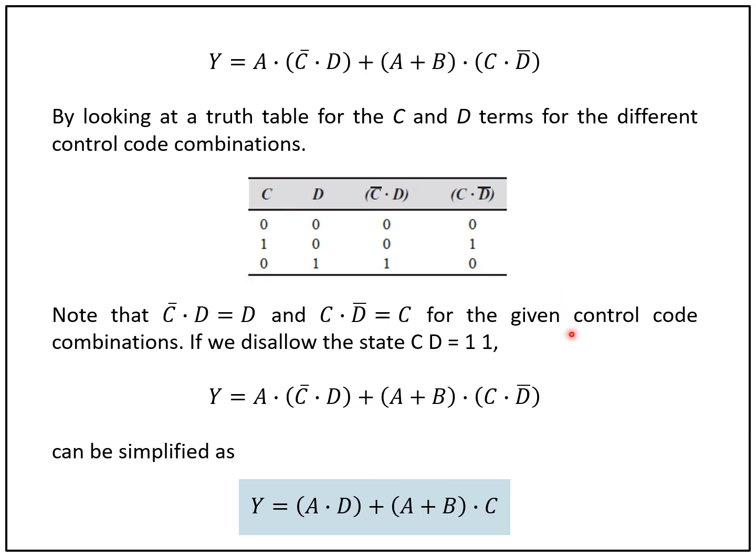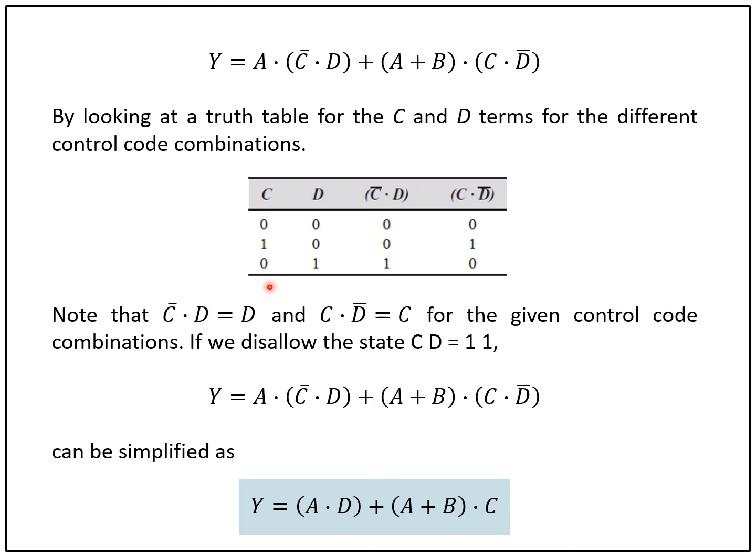Of course, in this case it's working this way because we neglected the fourth state, in which both C and D are equal to 1. But we remember that we disallowed this state, so we cannot have both switches on.